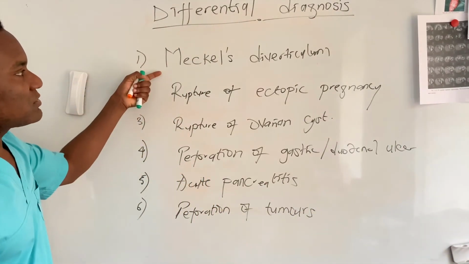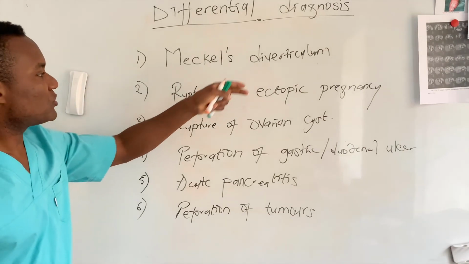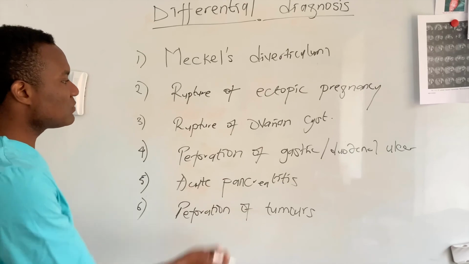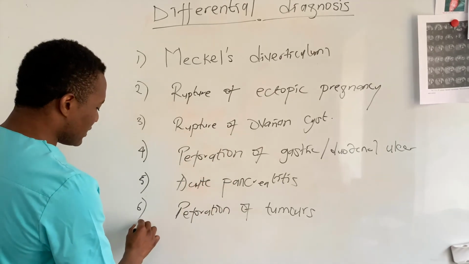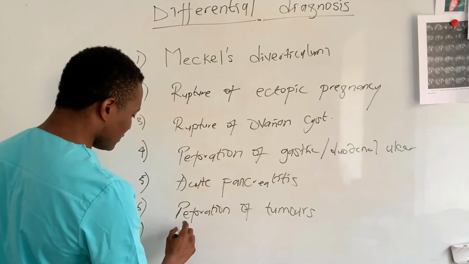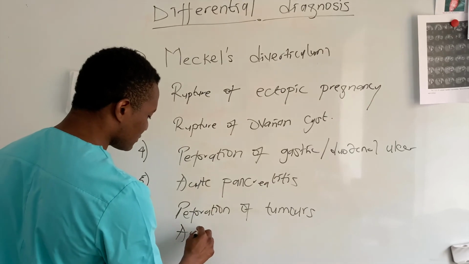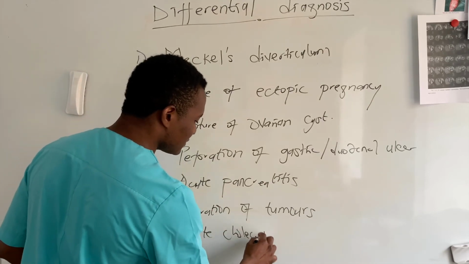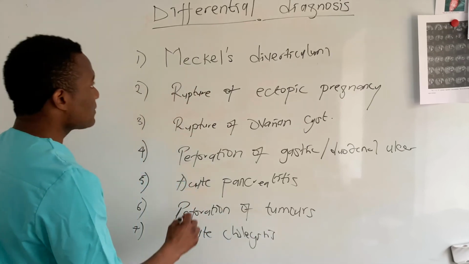Meckel's diverticulum is a different topic, we will talk about it. And rupture of ectopic pregnancy will be a topic on its own. We can also add acute cholecystitis to the list.